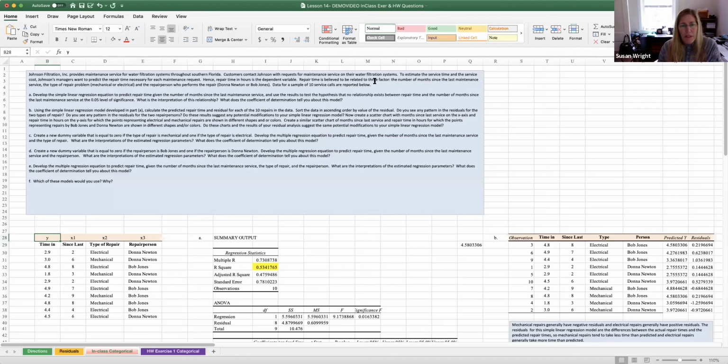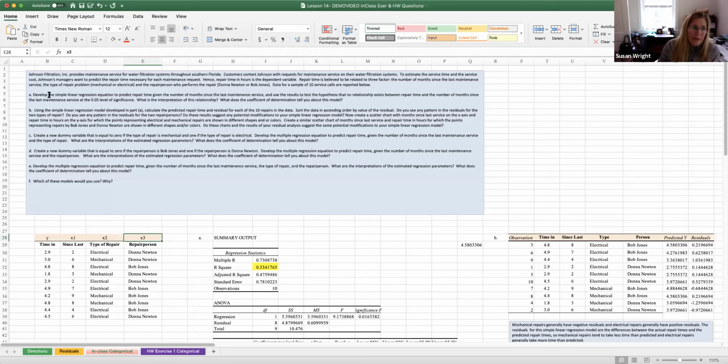Repair time is believed to be related to 3 factors. The number of months since the last maintenance service, so you see that as X1, number of months. The type of repair problem, so you see that here as X2. And the repair person who performs the repair. Like I said, we had 2 people, so that's this X3. Data for a sample of 10 service calls are reported below.